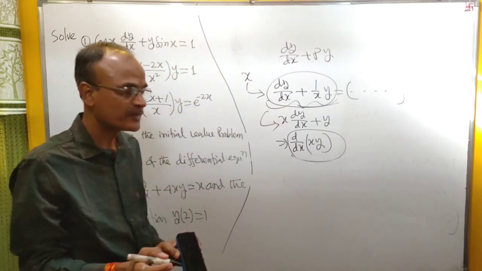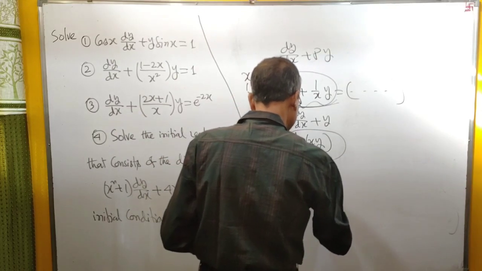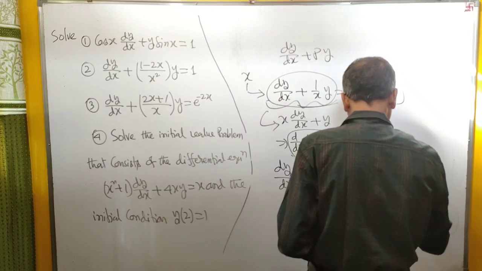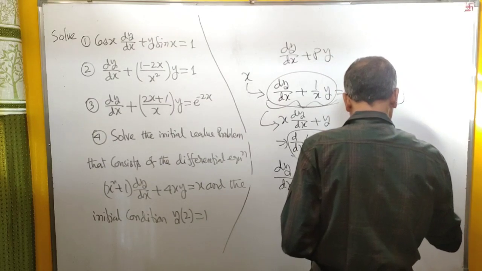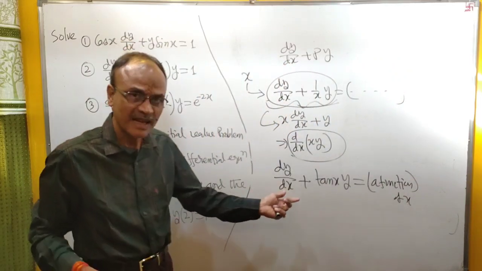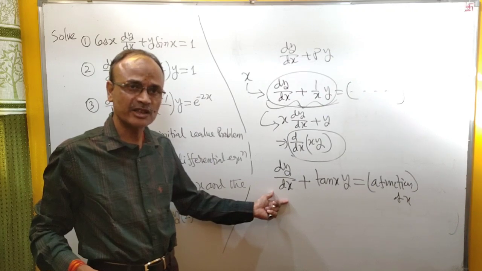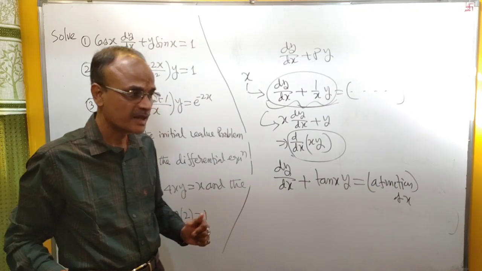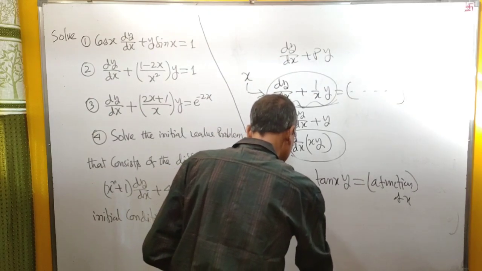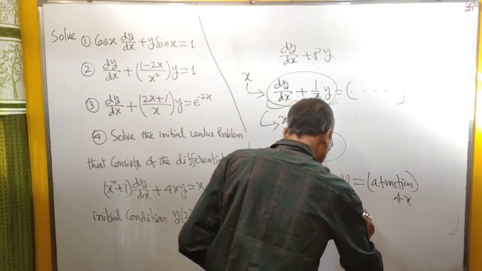And another example. Now see, dy by dx plus y tan x equal to a function of x. Any function of x on the right hand side. Suppose you multiply it by sec x. Sec x dy by dx plus sec x tan x into y.